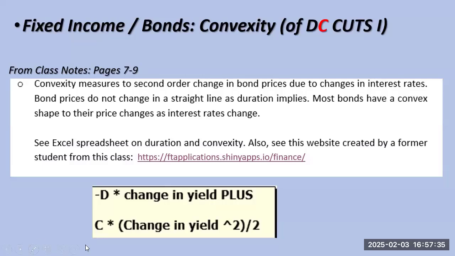But why does convexity do this? It's because when interest rates fall, duration goes longer. So duration is changing while interest rates are changing. That's why you need convexity. And when interest rates rise, duration shortens, and so convexity changes. And that's why it helps you, right?